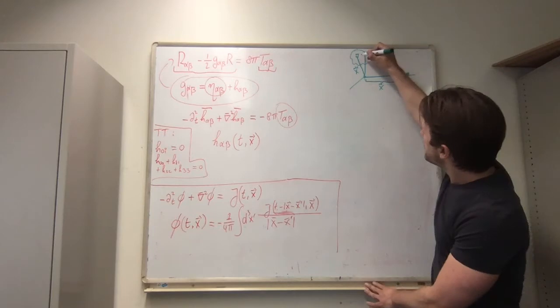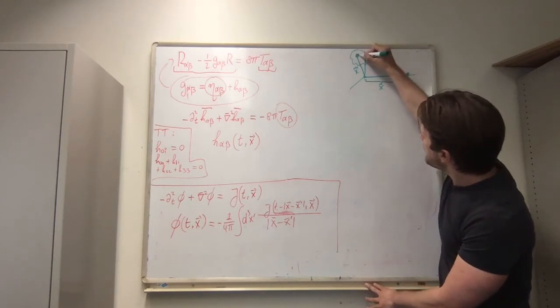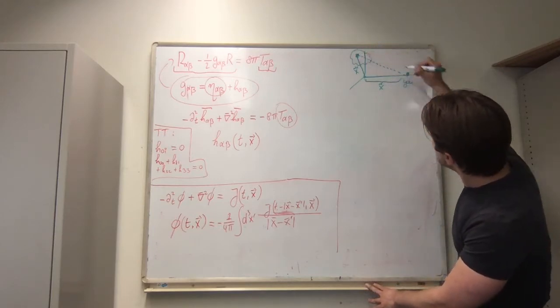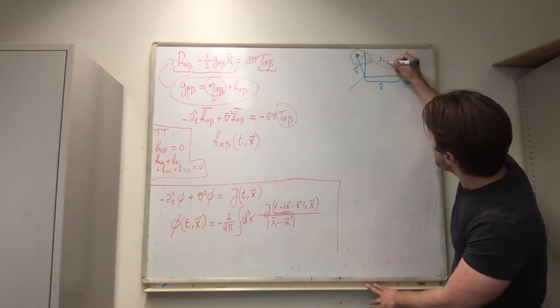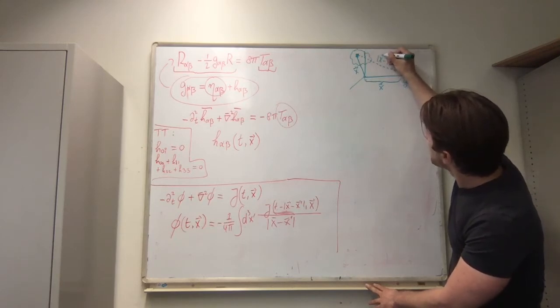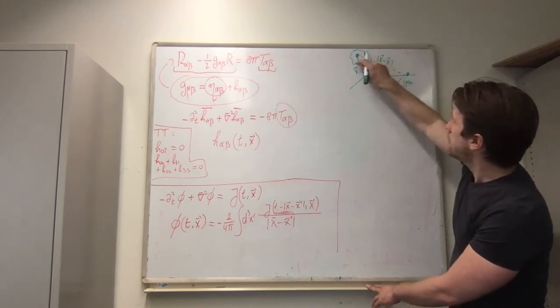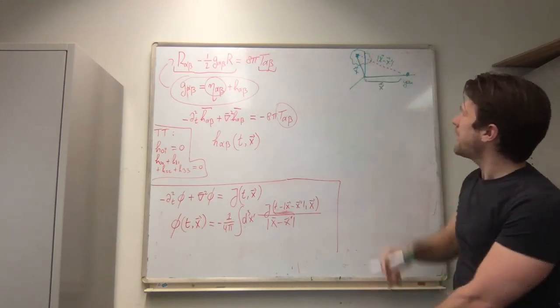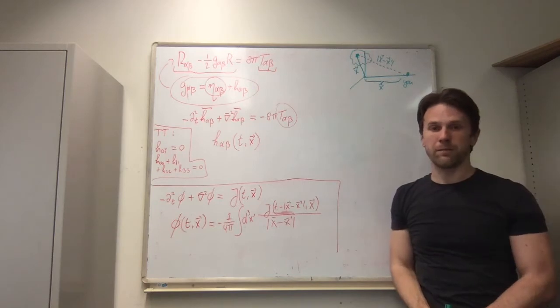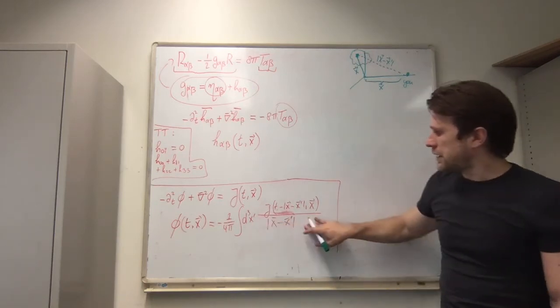Then the distance from this piece of stuff having an influence on you is x minus x prime. It's just the difference between where you are and where the thing is. So this vector with the dotted line is x minus x prime. Now that's exactly what it says here.